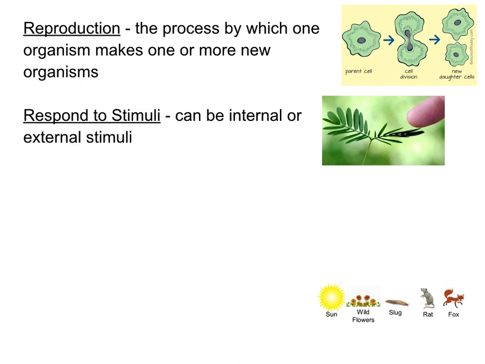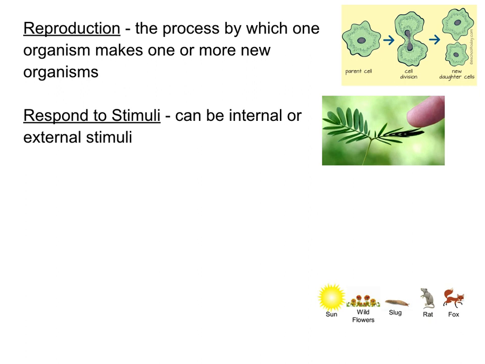The next characteristic is respond to stimuli. So stimuli can be internal or external. So a stimulus is just something that causes a reaction. So it's something that causes a response, really. So like when this plant gets touched, you can see it collapses and it shrinks up.